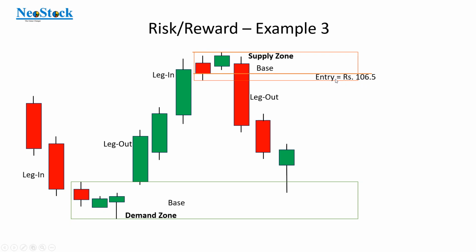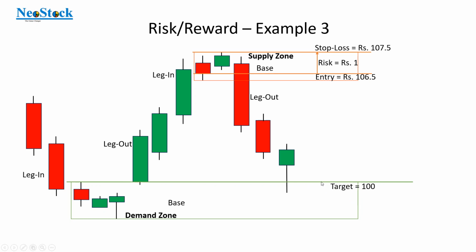What is your stop loss? That is the distal line, that is 107.5. And what is the target? That is demand zone high. So here risk equals to 1, that is 107.5 minus 106.5, that equals to 1. And to calculate the reward, your target is 100.